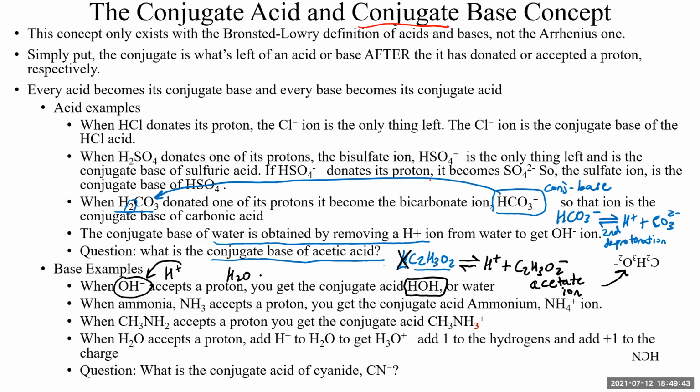H2O, however, can act as a base and accept a proton very weakly, but it can, and it would form H3O+, which would be the conjugate acid of the base H2O.